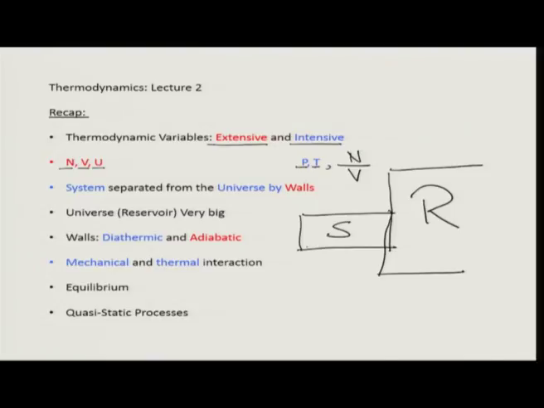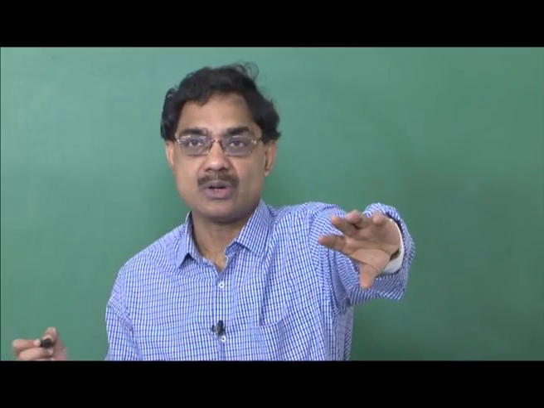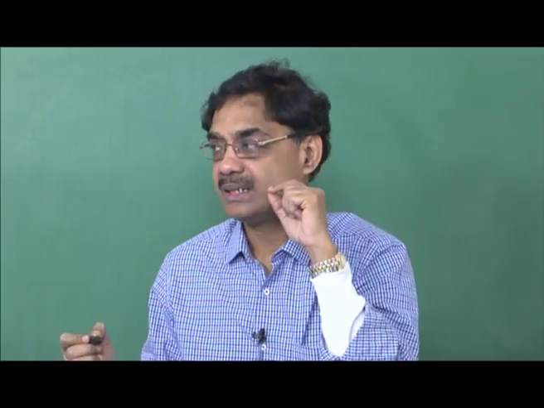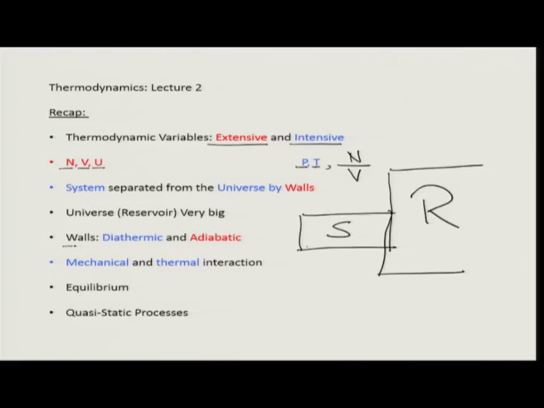The system is small, whereas the reservoir is very big. I can assume that its heat capacity is infinite, by which I mean that if I extract heat from the reservoir or I release some heat to the reservoir, its temperature does not change. Okay? So, as I said, walls are diathermic and adiabatic.